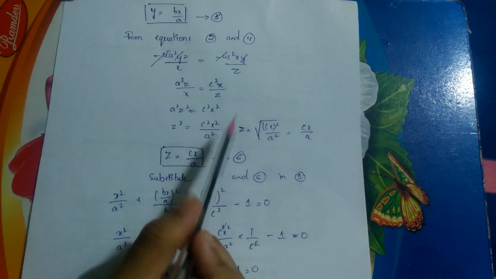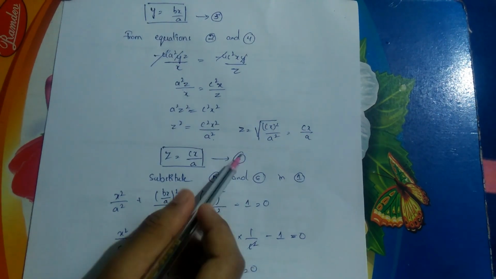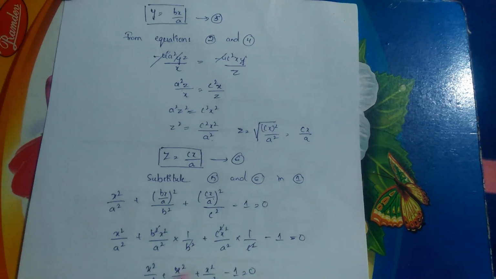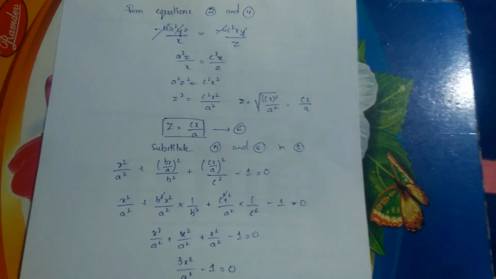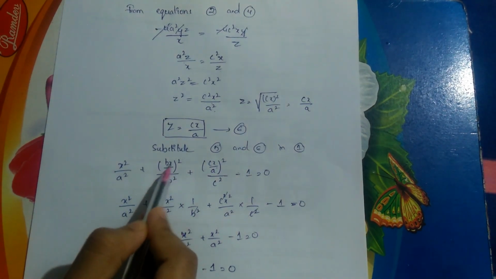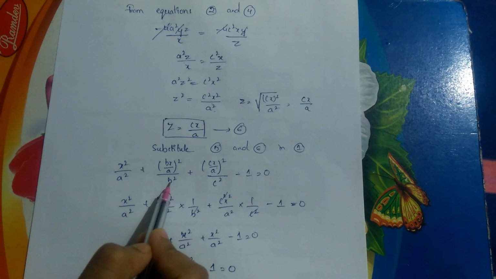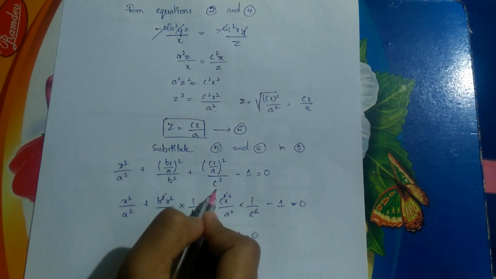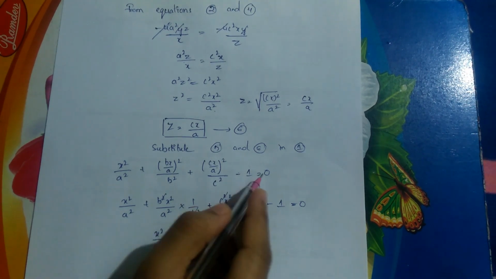So from equation 5 and equation 6, substitute these two in the constraint equation. We get x square by a square plus bx by a whole square, this is the y value, divided by b square, plus cx by a, which is the z value, whole square, divided by c square, minus 1 is equal to 0.